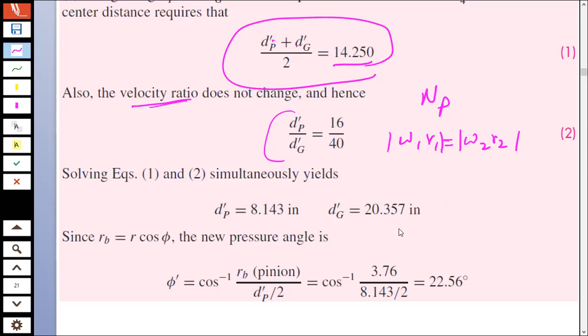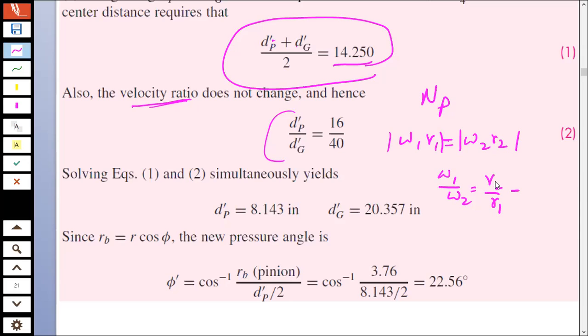Now, can I write omega 1 over omega 2? What will that be equal to? Omega 1 over omega 2 will be equal to R2 over R1.